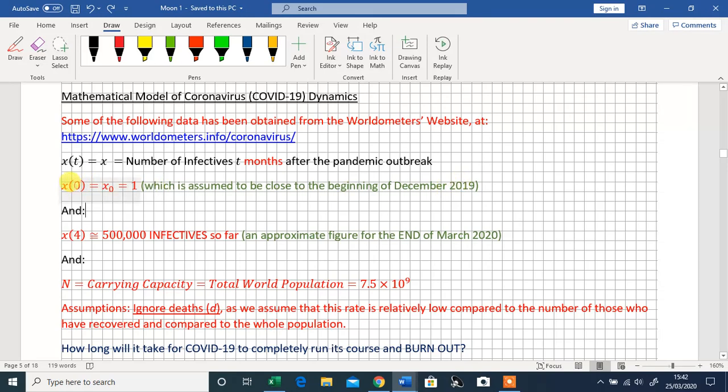So I've assumed that close to the beginning of December 2019, there was only one infective. I know there might have been a couple or so more who then spread it to the wider public, which then had a kind of a cascade knock-on effect for the rest of the world. But we're assuming here it's just one for simplicity.